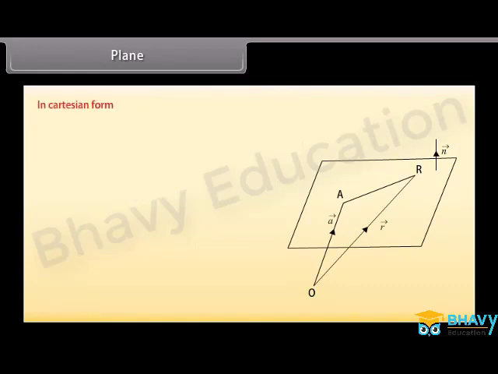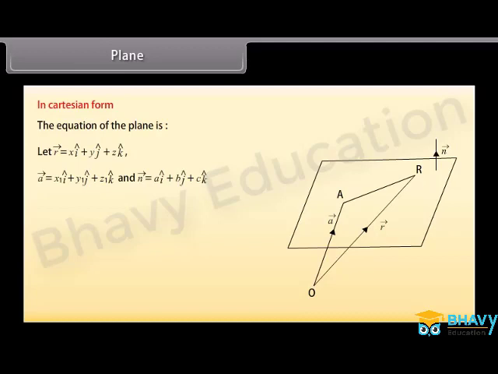In Cartesian form, the equation of the plane is: let vector r equal x i cap plus y j cap plus z k cap. Vector A equals x1 i cap plus y1 j cap plus z1 k cap.